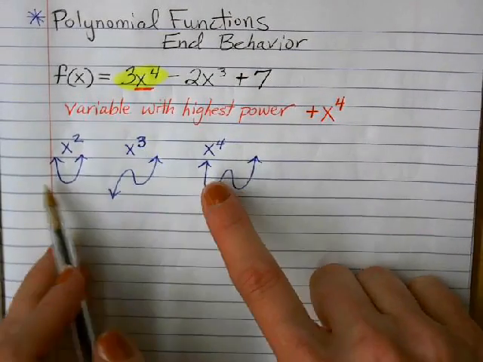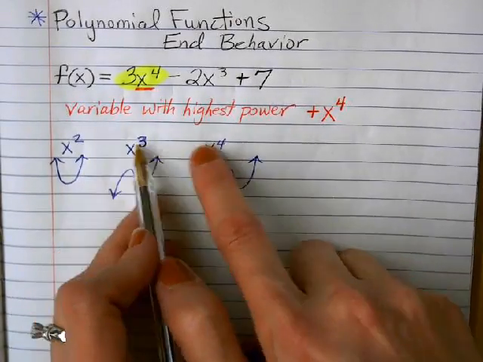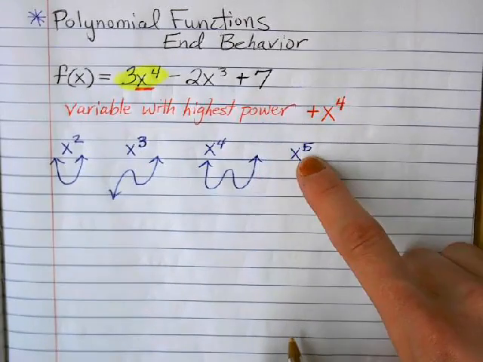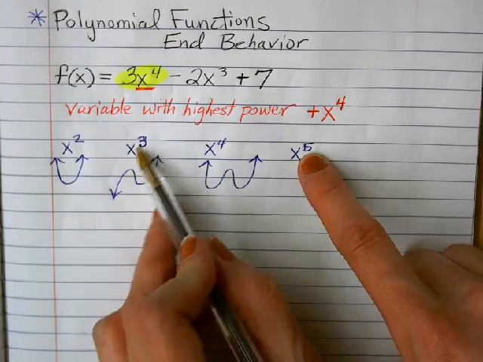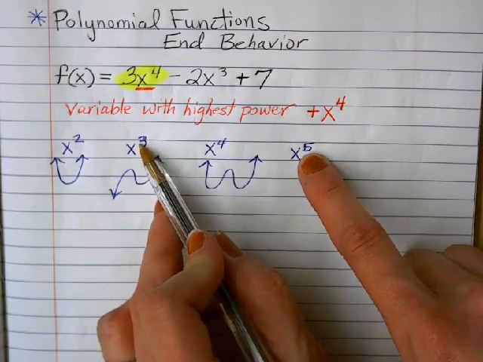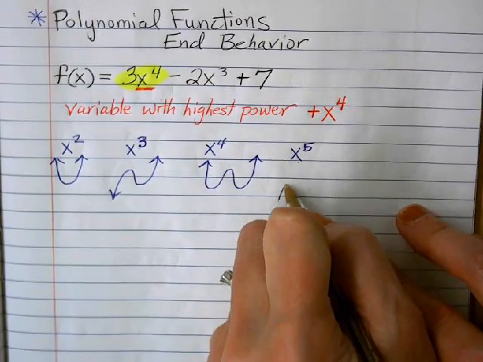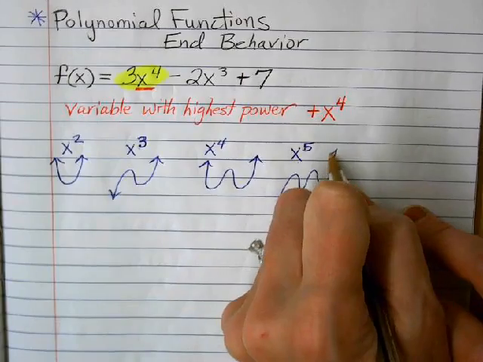And you might notice some of these powers, like x to the fifth. Fifth is an odd number, and 3 was an odd number, like x to the third. The odd numbered ones, you might notice they kind of have the same behavior.